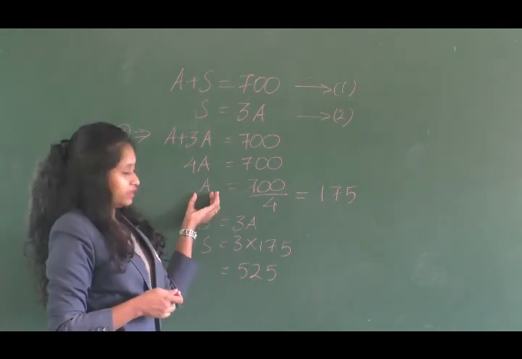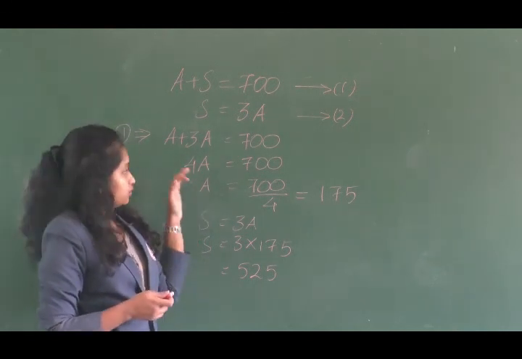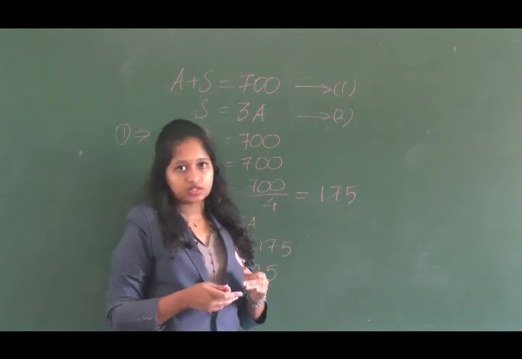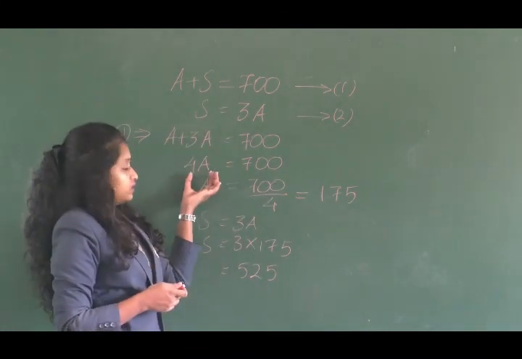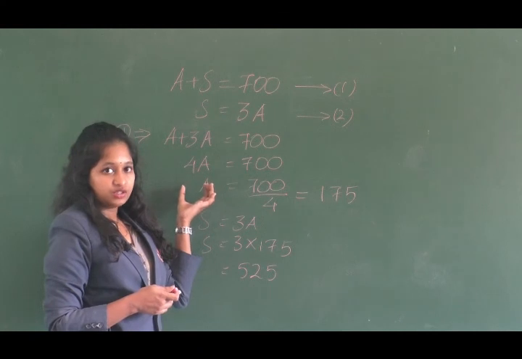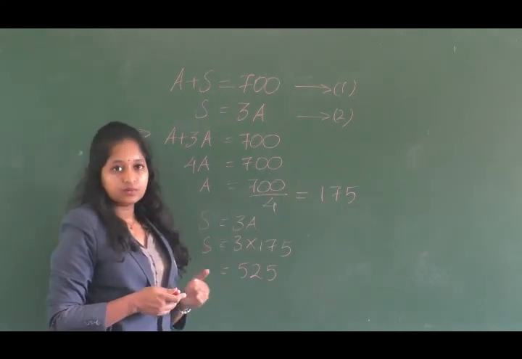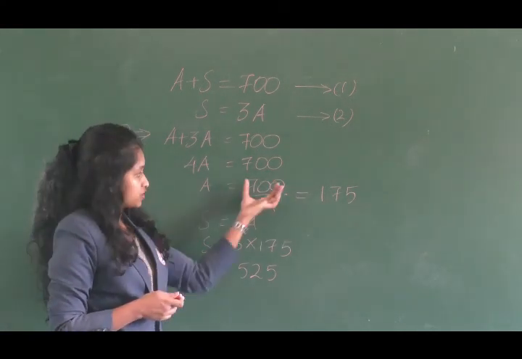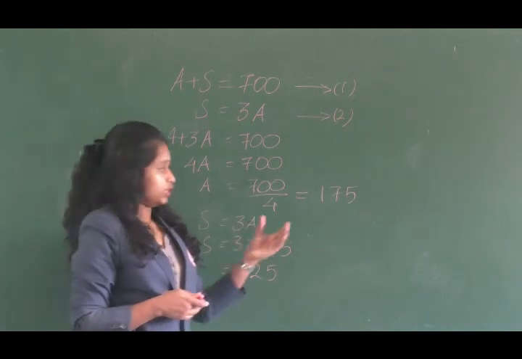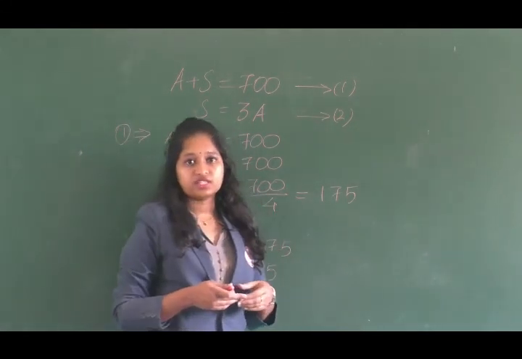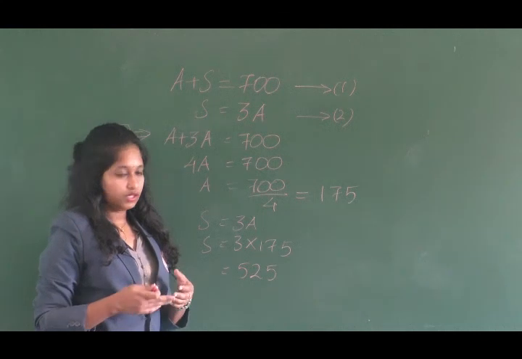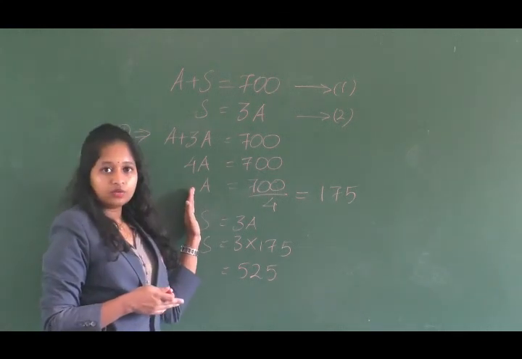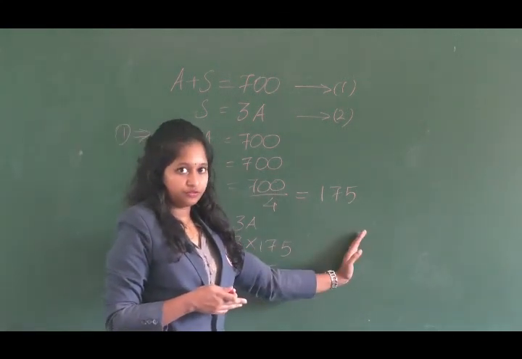Now we have to find a. That means we should take this 4 to the other side. Since this is multiplication, when we take it to the other side it becomes division. So 700 by 4 equals 175. So the amount with Ashish is 175.